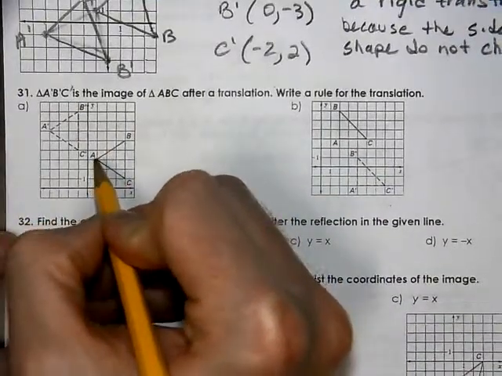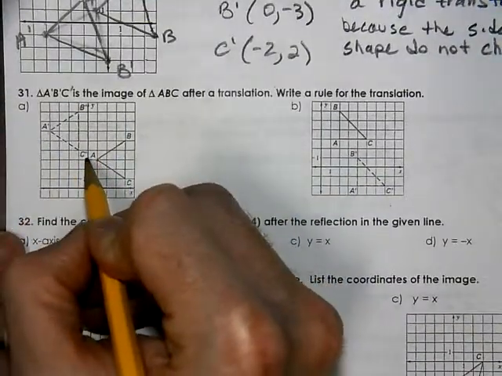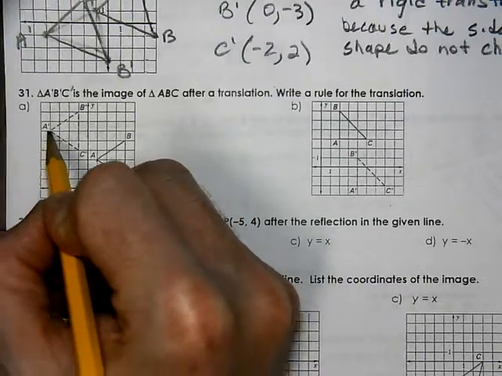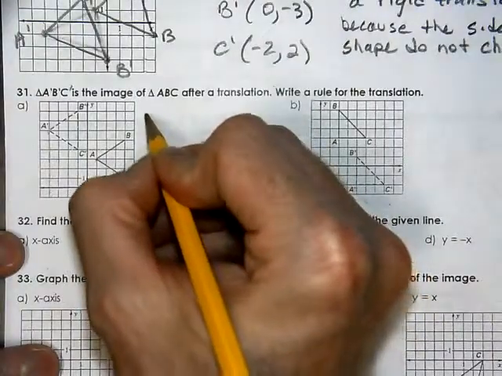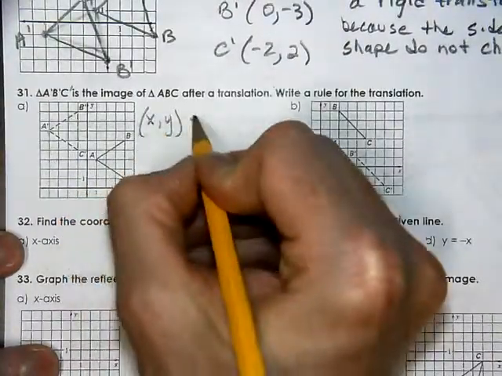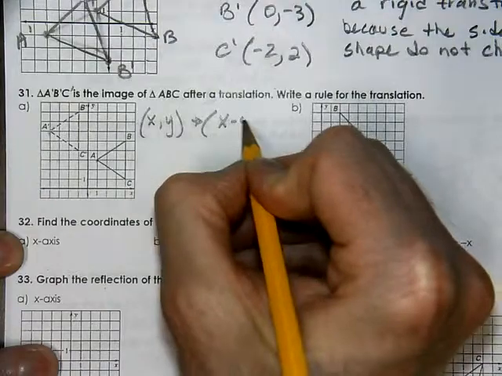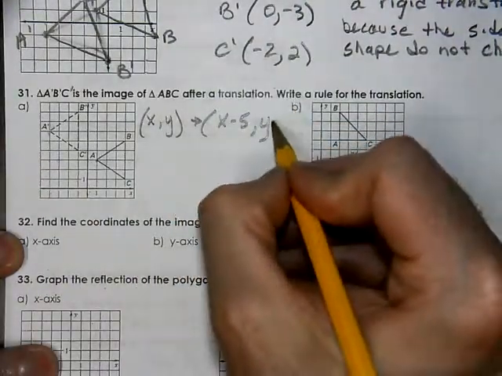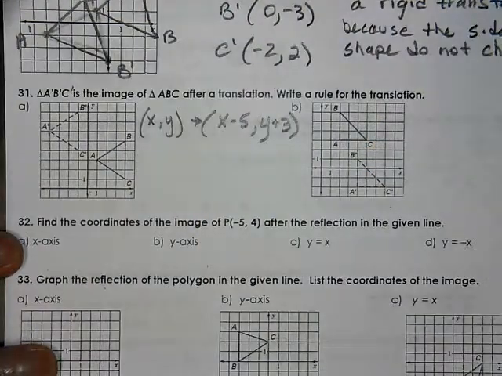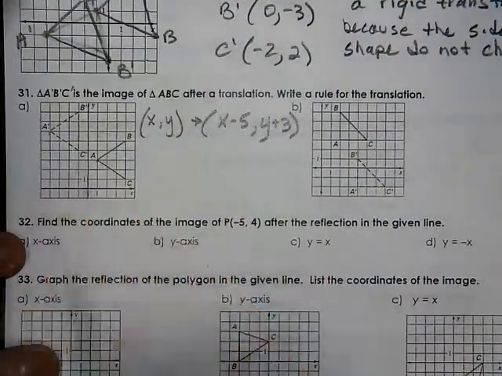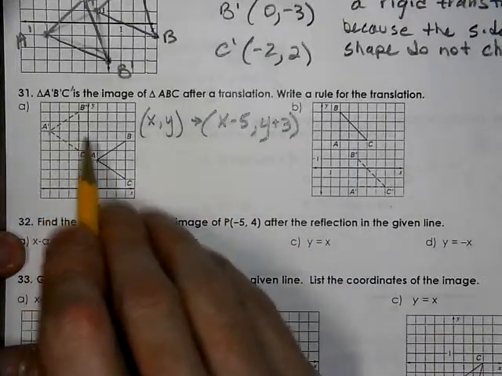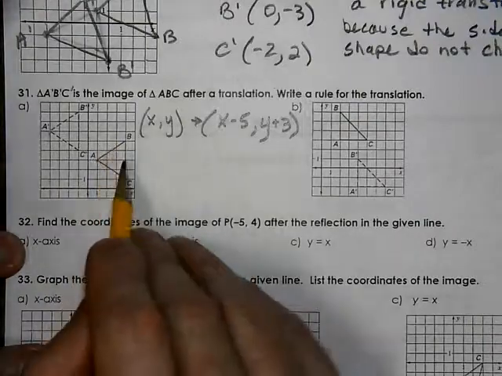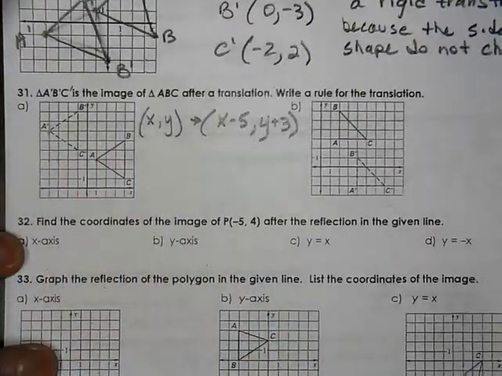Look at the A. How did the x's change to get over there? 1, 2, 3, 4, 5 to the left. 1, 2, 3 up. So x comma y, 5 to the left, so it's x minus 5, and y plus 3. That would be the rule. A translation rule from the pre-image to the image.